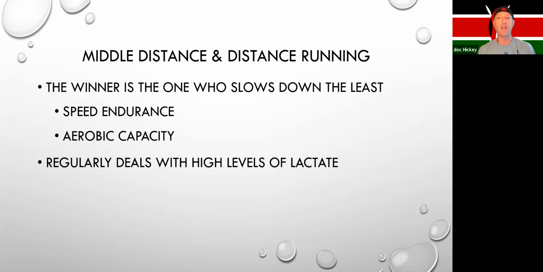He is a steeplechaser by trade, and the steeplechase, 2-mile run over 36 barriers and water jumps, is a whole different animal when it comes to looking at energy system development and fitness. So for today, we'll be looking at the flat events, 8, 15, 5, 10, marathon. In our middle distance events and our distance events, the winner is going to be the one who slows down the least. This translates to speed endurance.